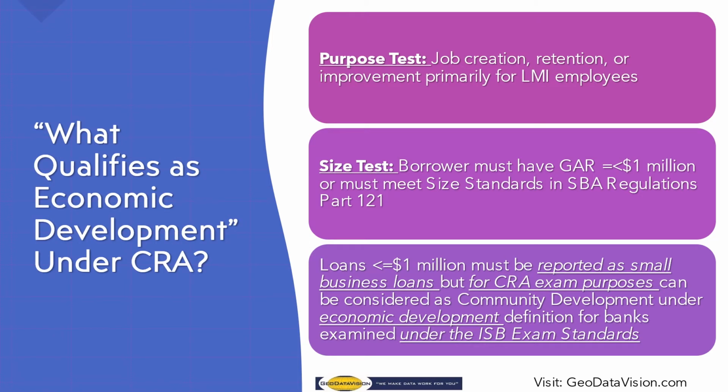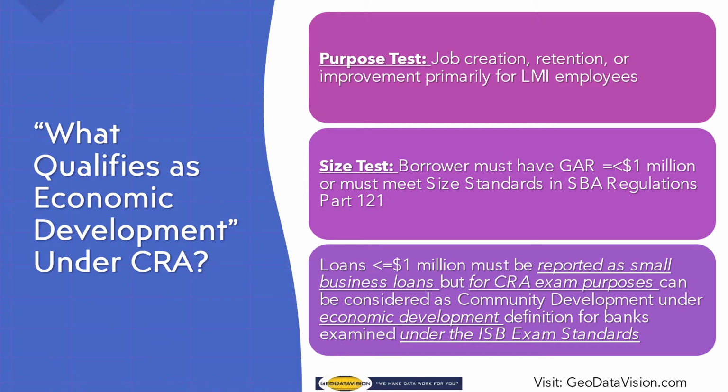So what qualifies as economic development under CRA? Well, there's two tests that are applied. First, there's a purpose test, which must involve job creation, job retention, or job improvement, primarily for low or moderate income employees. And second, there's a size test. The borrower must have gross annual revenues of $1 million or less, or must meet the size standards embedded in the SBA regulations under Part 121.